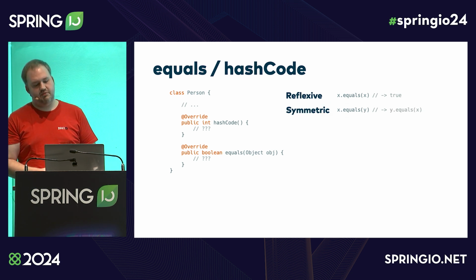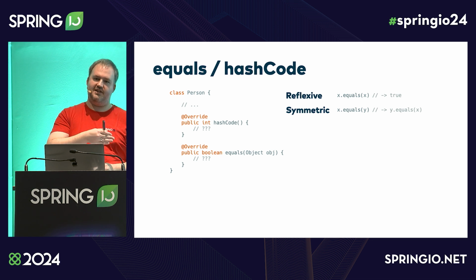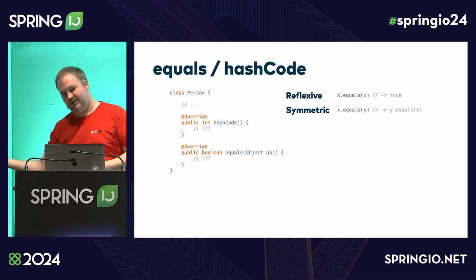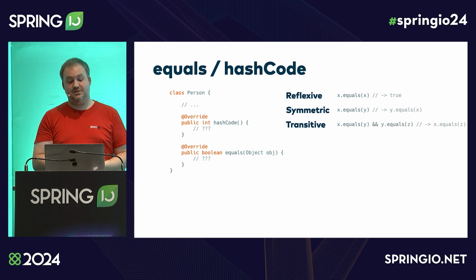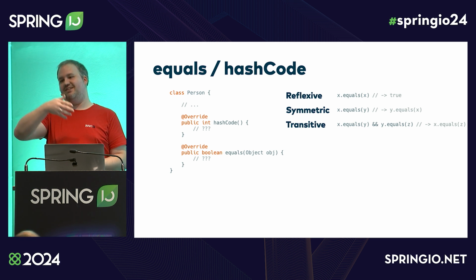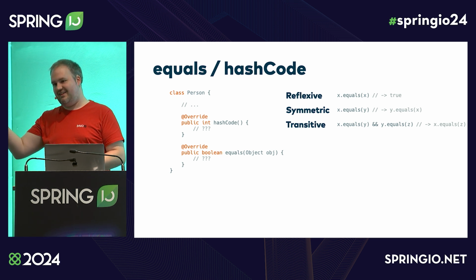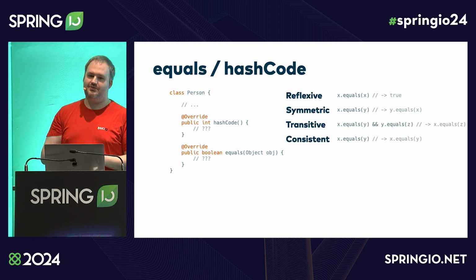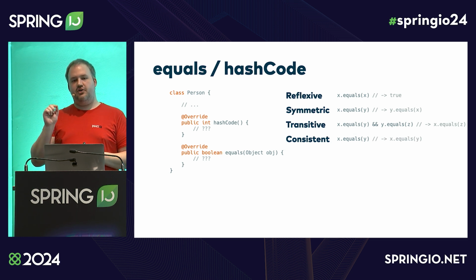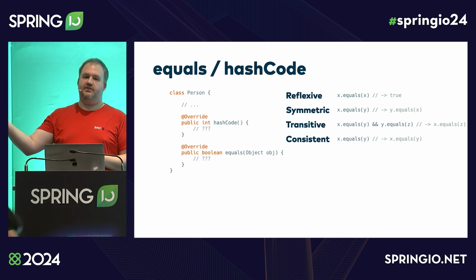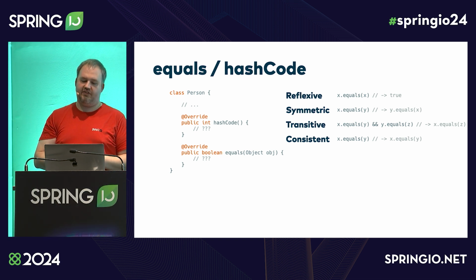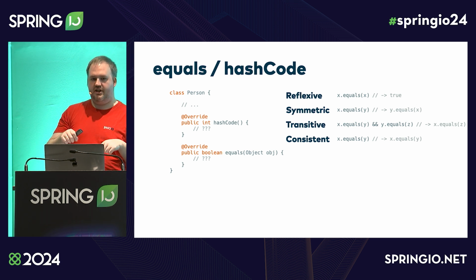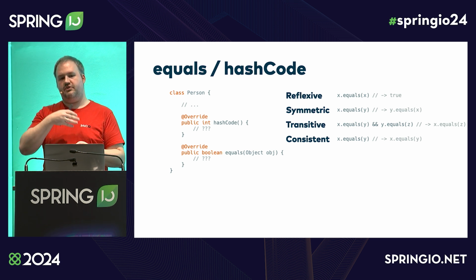It needs to be symmetric, so if x equals y, y needs to equal x. It needs to be transitive, so if x equals y and y equals z, x needs to equal z. And it needs to be consistent, so if you don't change any property in between, the same call must return the same result. And then there is a combination with hashCode where equal objects need to have the same hash code.